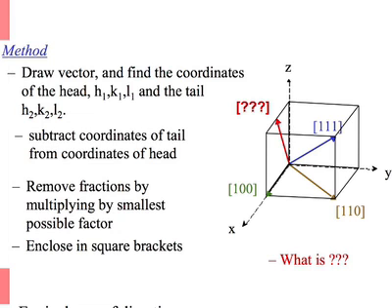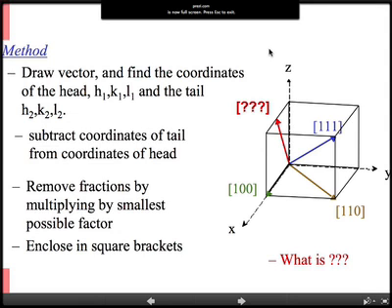Okay, so let's work through it. What's at the tail of the vector? We know it's 0, 0, 0, at the origin. So what's the head of the vector? What's the x coordinate of the head? Let's work through the process, okay?